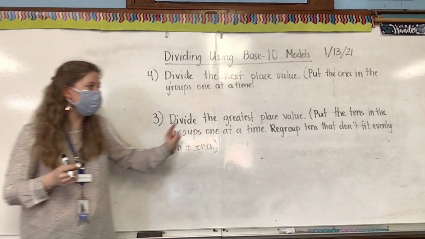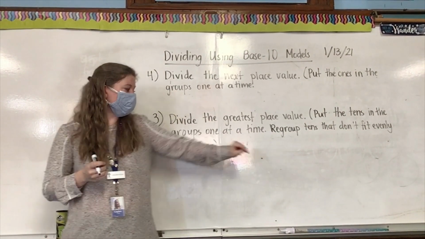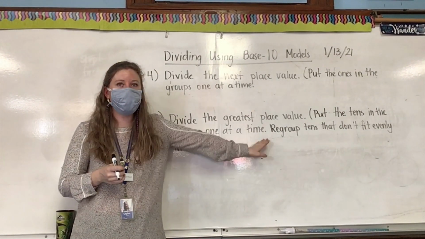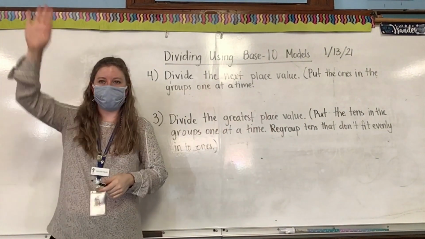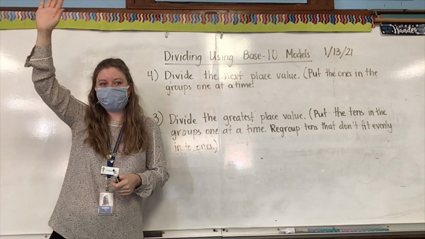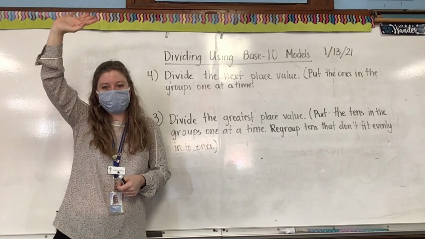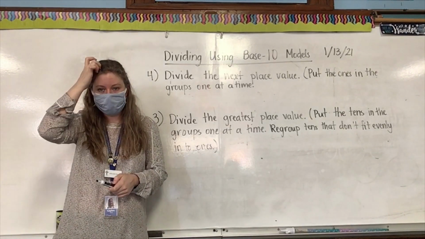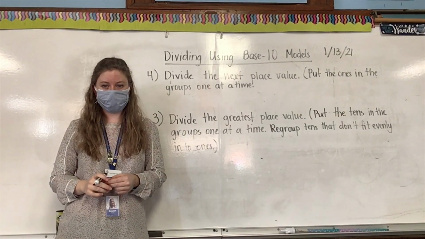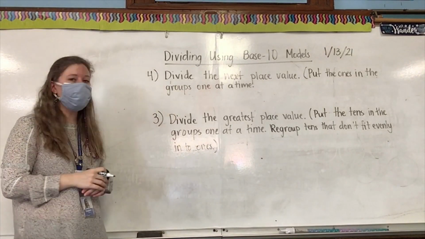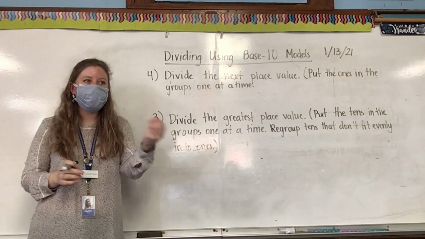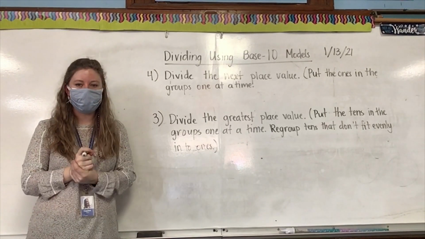But now, this second sentence, regroup tens that don't fit evenly into ones. Does it work to replace tens with ones? Sorry. No. No, because do we ever regroup ones? Can we take ones and turn them into a smaller place value?